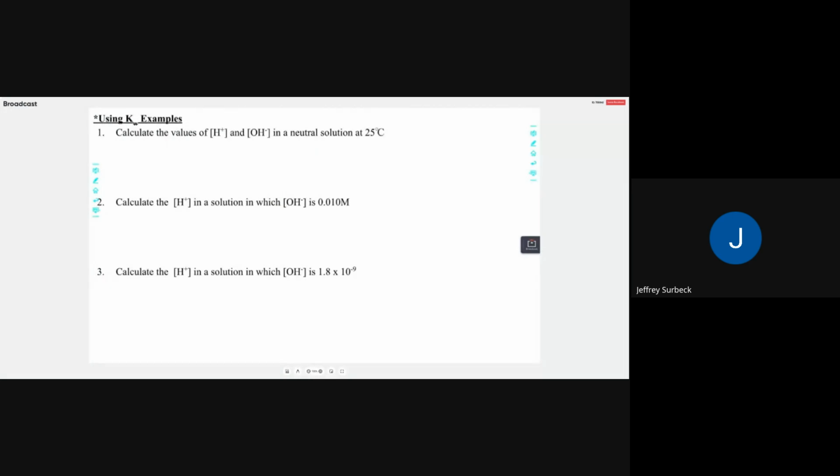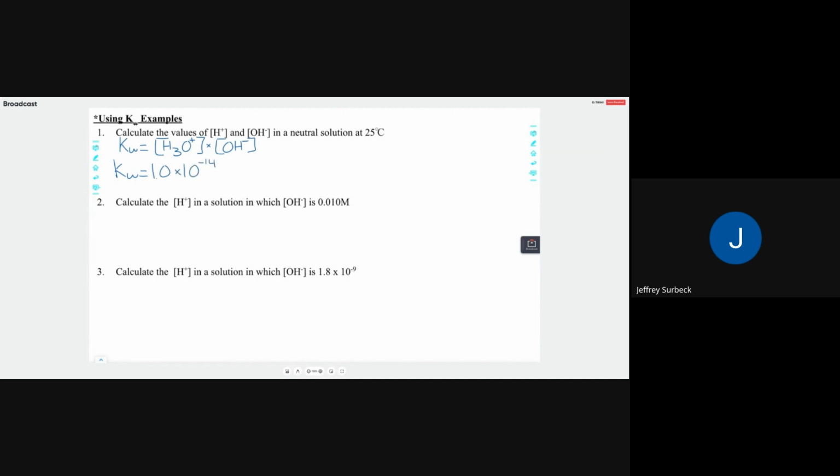Well, I should have led with this, but I'm going to copy and paste our value from our last page of notes here, and that was this. KW equals H3O plus times our OH minus. And I'm also going to add this, that KW equals 1.0 times 10 to the negative 14th.